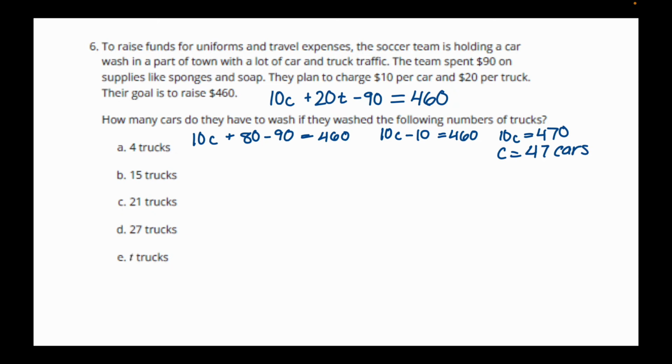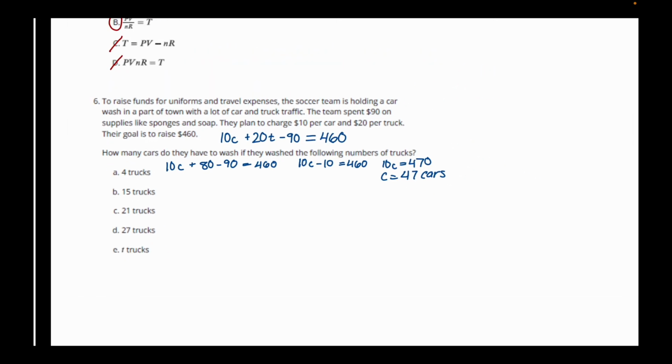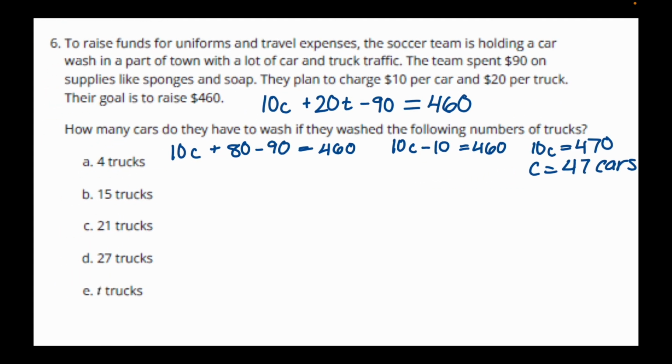Now, that's kind of a lot of work to show, especially for a very small area that we have here to actually do some of this work. So I'm going to skip ahead a little bit and jump to T number of trucks. In that case, solving for C, which is really what this is asking us to do, is going to give us an equation where we can just plug in some numbers for B, C, D, and E. Now, the other trade-off is that for every car, trucks are twice as much.